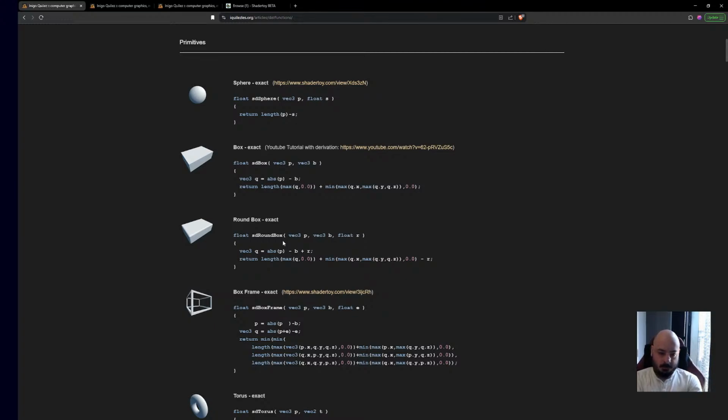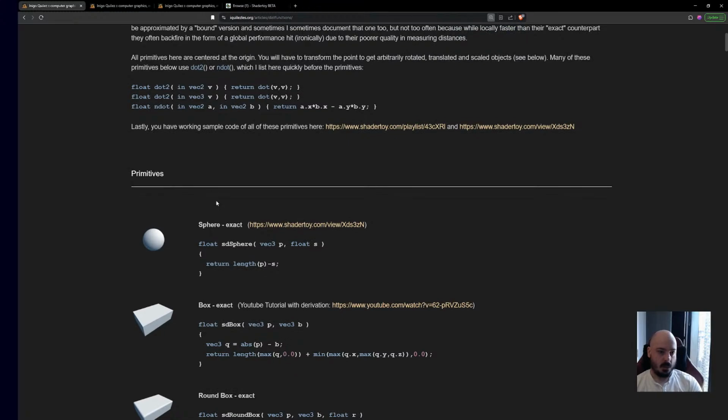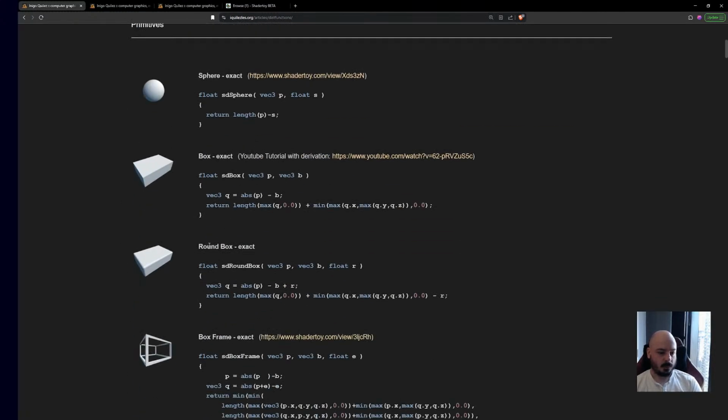Booked it. Nice. Yeah, it's really good. Also, this website by the creator. He goes by IQ online. I think that's what people usually call him because of his initials. This is a box, and this is the position that the camera is in, I think, or the ray. This is the box position, I guess.